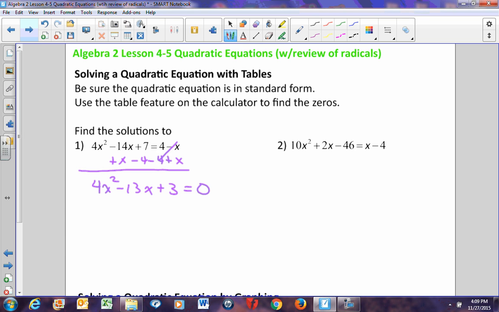So if I go to menu and change my table on my Inspire, edit table settings. Now I'm changing my table. I'm going to go by 0.25. And I did that because I'm noticing I didn't get a 0. If I enter that, I am looking to try to find where y equals 0.